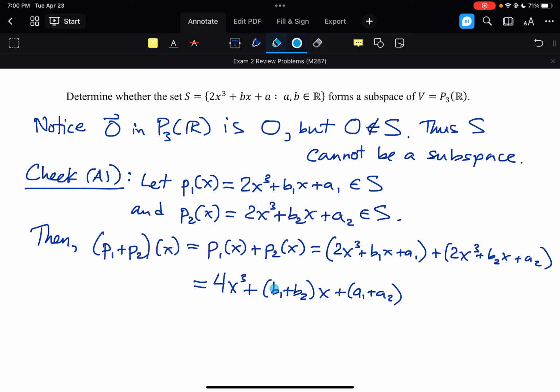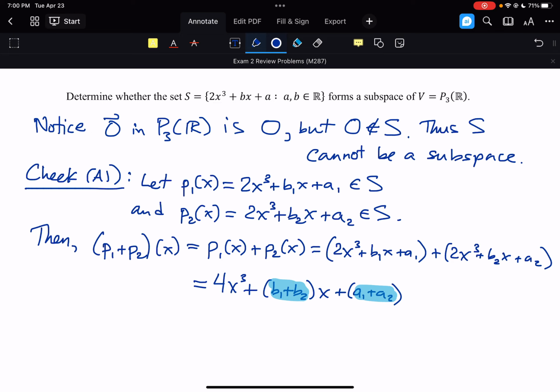Now, because a1, a2, b1, and b2 are all scalars, this part does match the form: a scalar times x plus a scalar. However, the first component to be in S has to have a 2 in front of it. This one has a 4 in front of it.